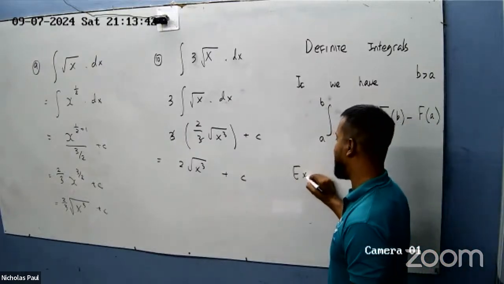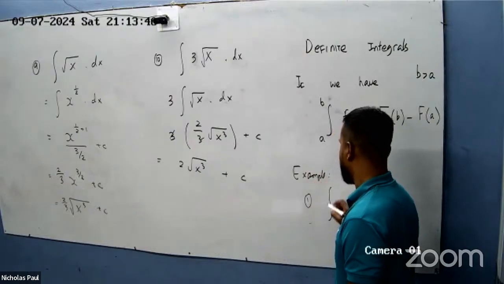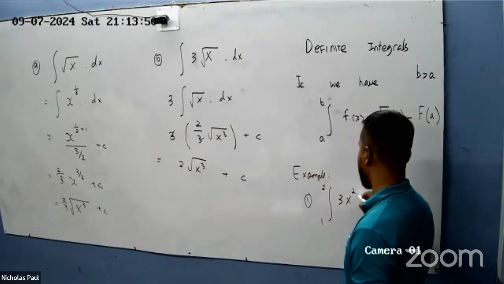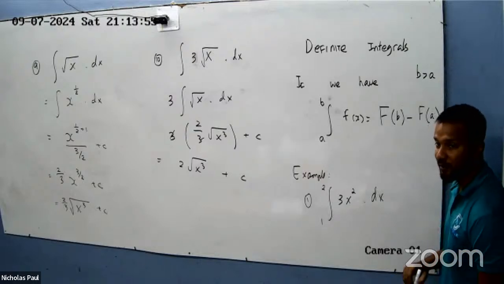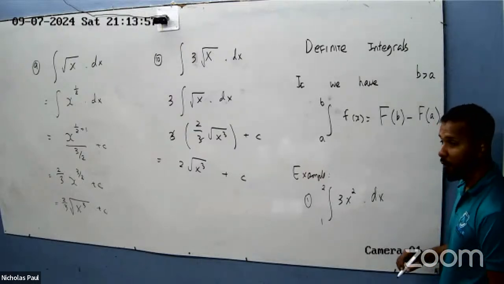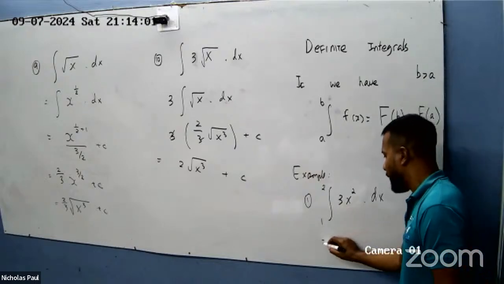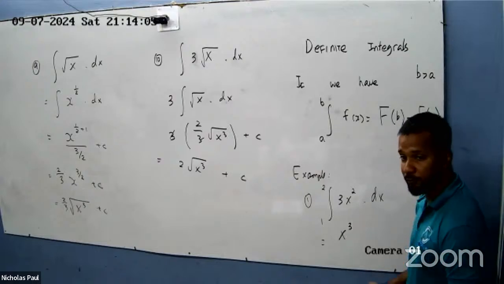I'm going to show you an example. And this could be done in the calculator, so you can check back the answer as well. Let's say I said the integral between 2 and 1 of 3x squared. Watch how easy it is. All you have to do is integrate 3x squared, which is x cubed.